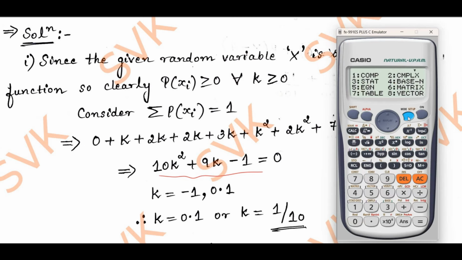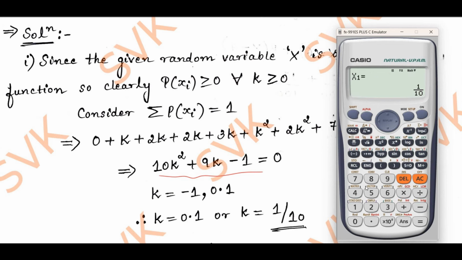Go to equation mode. In that mode, take option 5, the quadratic equation ax square plus bx plus c equal to 0, then take 3. Type the coefficient of k square, that is 10. Then the coefficient of k is 9, and the constant value is -1.